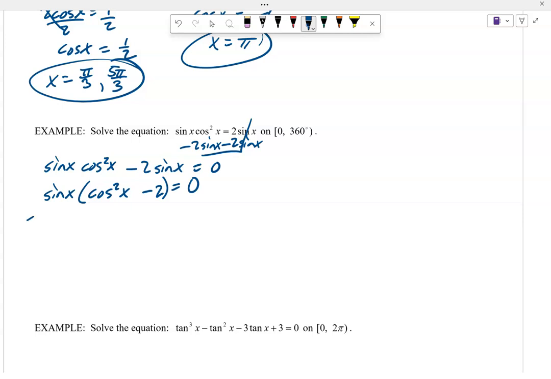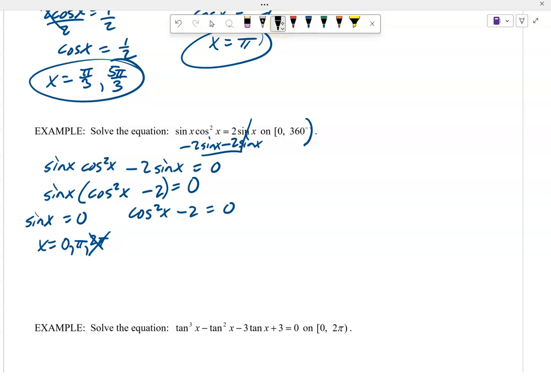And then I use the zero product property. I know the sine of x equals 0. Cosine squared x minus 2 equals 0. Where's the sine equal 0? That would happen at 0, pi, 2 pi. Again, 2 pi I cannot include because I'm going up to 360, but I'm not including that 2 pi.